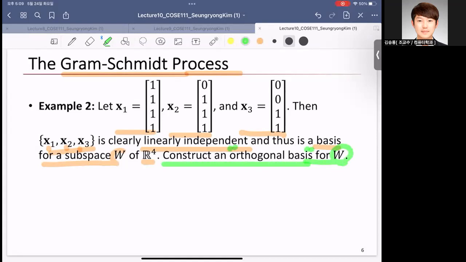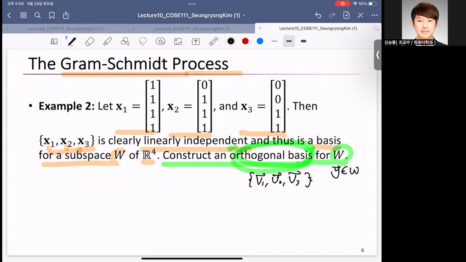In other words, an orthogonal basis for subspace W means new vectors v1, v2, v3 such that any vector, let's say y, in W space can be defined by a linear combination of v1, v2, and v3, and v1, v2, and v3 should be orthogonal to each other.